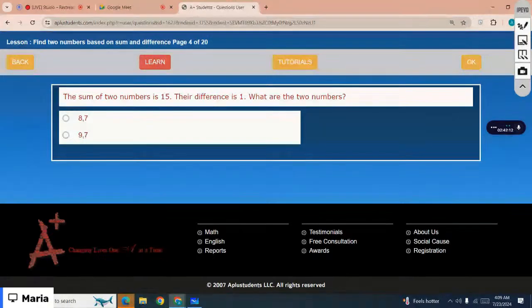The sum of two numbers is 15. Their difference is 1. What are the two numbers?